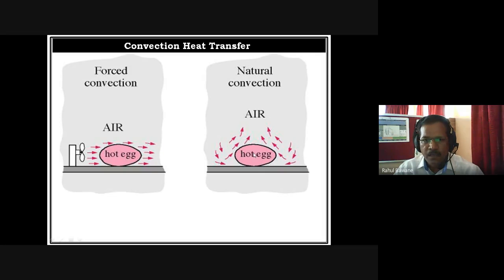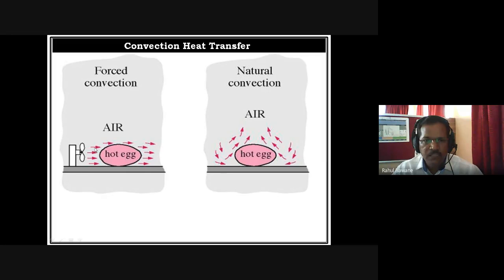Okay. And in forced convection, we don't wait for density difference. In forced convection, we apply any kind of external means with the help of which we blow air or fluid. Many times, to have tea, we blow on it first before taking a sip. That is also an application of forced convection.